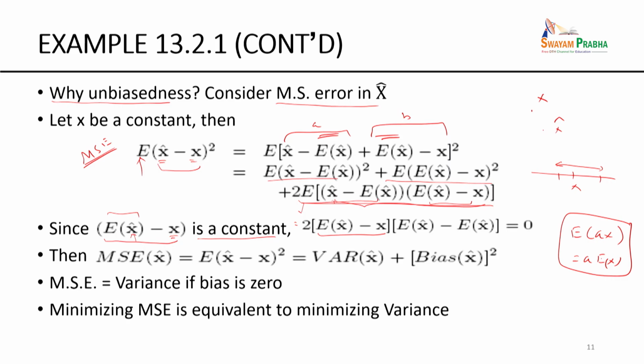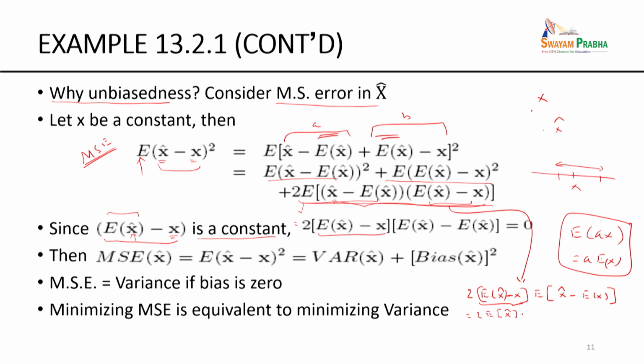So what does the cross term become? The cross term becomes 2 times E of x hat minus x, times the expected value of x hat minus E of x hat. The constant is out. Now the expected value of a difference is the difference of the expected values.